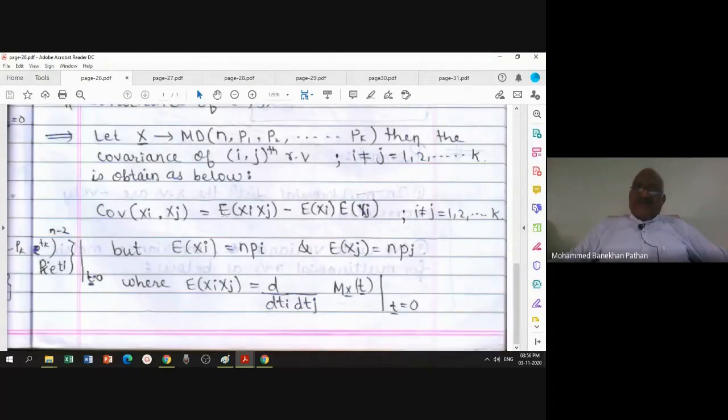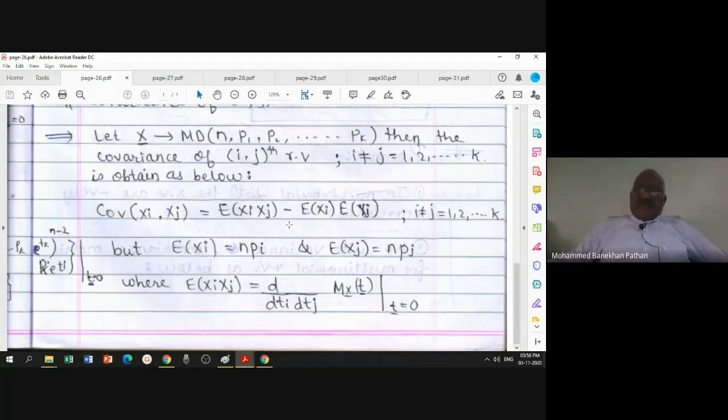So this is expected value of x1 multiply x1, that is x1 square, minus E of x1 multiply E of x1. So it is E of x1 whole square. So it provides you variance of x1. And that is why when you develop the covariance, we put a condition i should not be equal to j. If i equals j, it gives the variance of that variable.